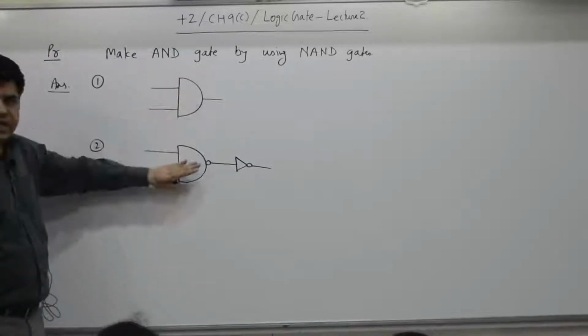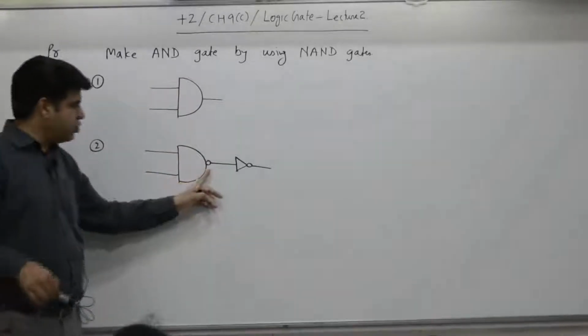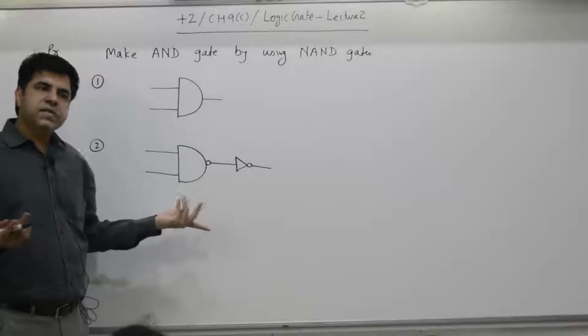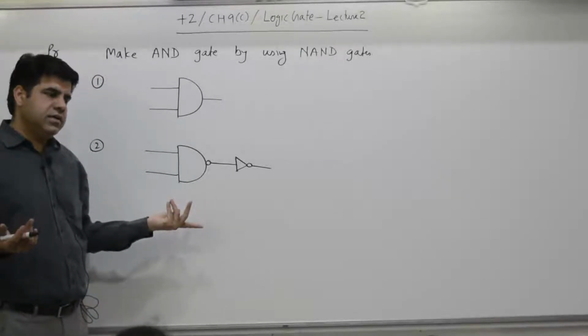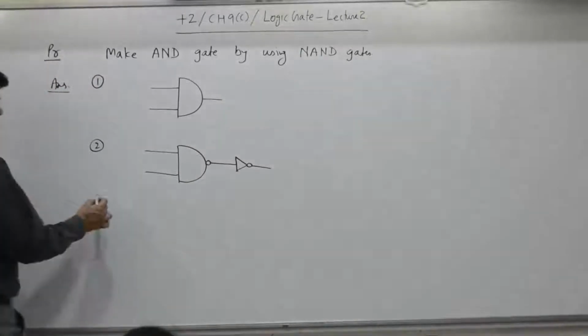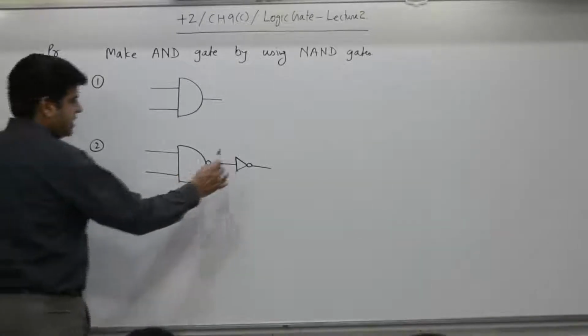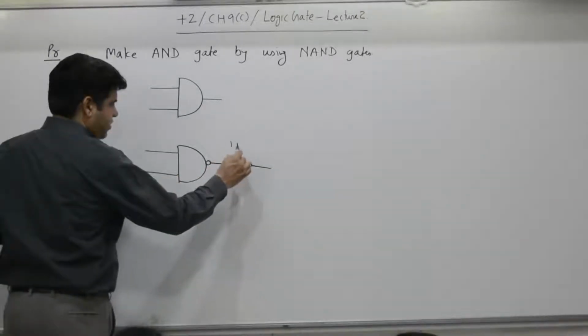Because two NOT operations means what? Same, cancel हो जाएगा. Now the next question is in this part. This is a NOT gate. Agreed or not?